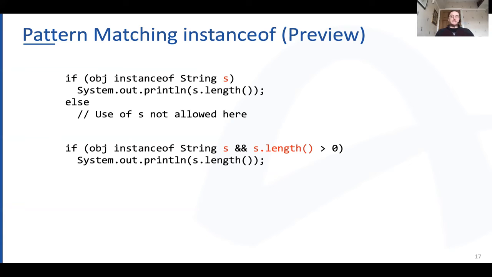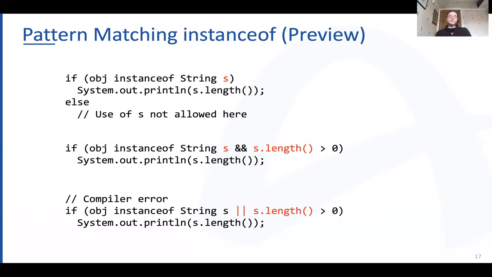So here we can safely say if obj instanceof String, if that's true, then it is a String. So then we can call the length method on s, and that's a safe operation. However, if obj is not a String, that will result in a false evaluation, and we will never call the right-hand side, so we don't need to worry about trying to call length on something that isn't a String.